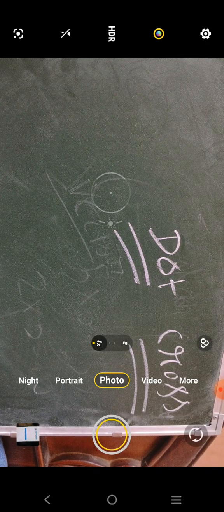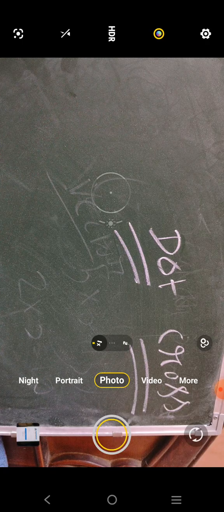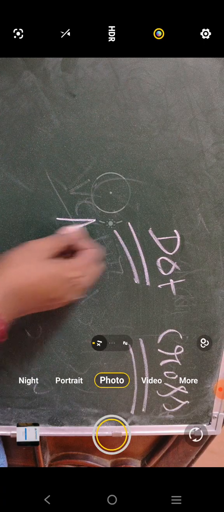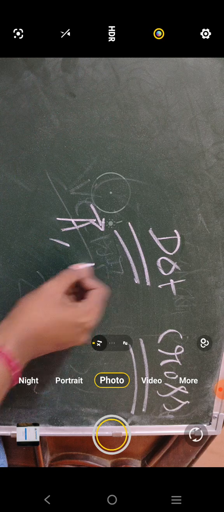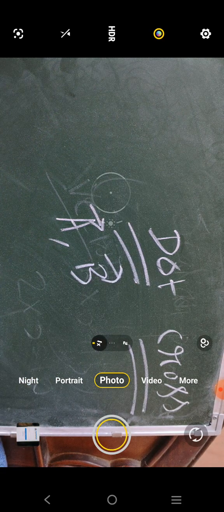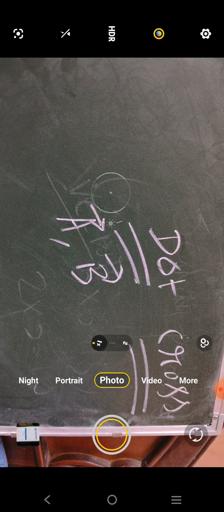Suppose there are two vectors, one is vector A and another is vector B. If I want to do the vector multiplication of them, I hope you know what a vector is and what a scalar is. Vector means having both magnitude and direction. Scalar means having only magnitude, not direction.